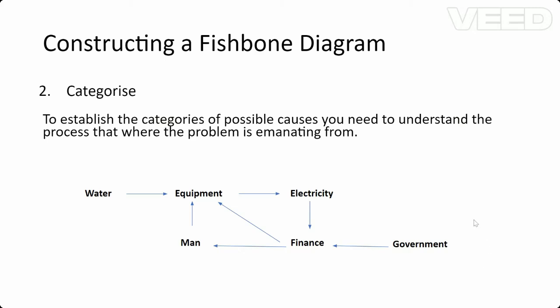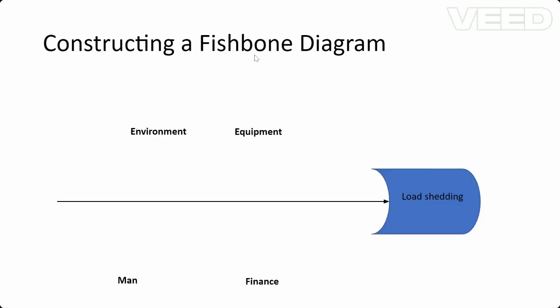Now that we have these factors established from the process, we can pick those input factors. We know that we have our load shedding here as a problem. We have our spine.